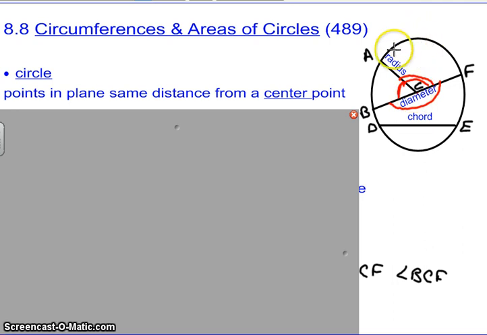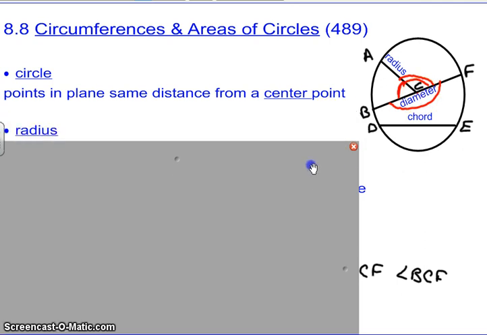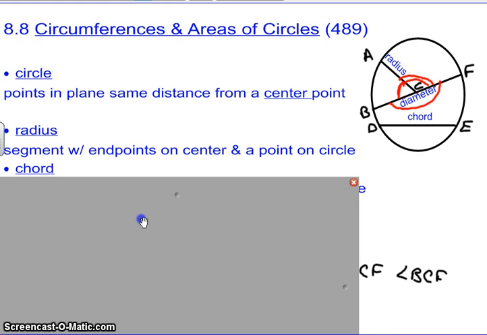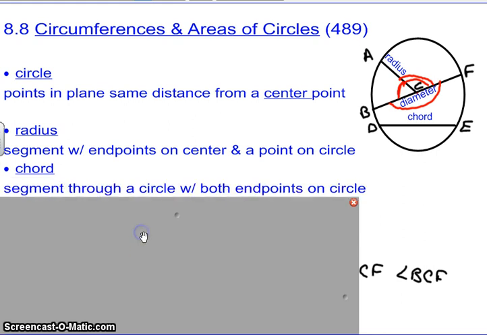Every single point on the circle is a radius distance from a center point. A radius is a segment with endpoints on the center and a point on the circle. So a radius is not a chord. A chord has endpoints always on the circle.